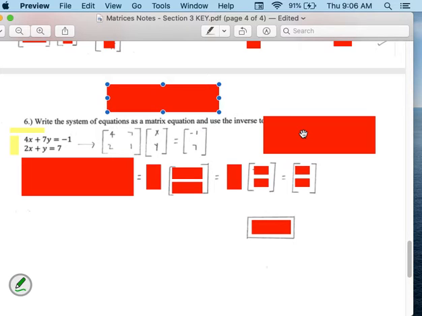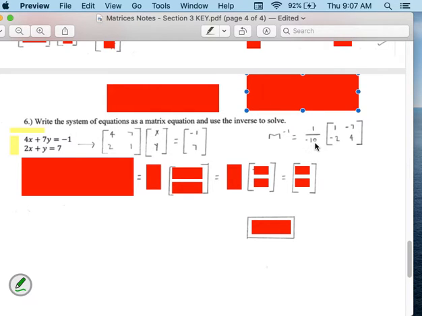A times D minus B times C. Okay, so that inverse you should have got was 1 over negative 10.